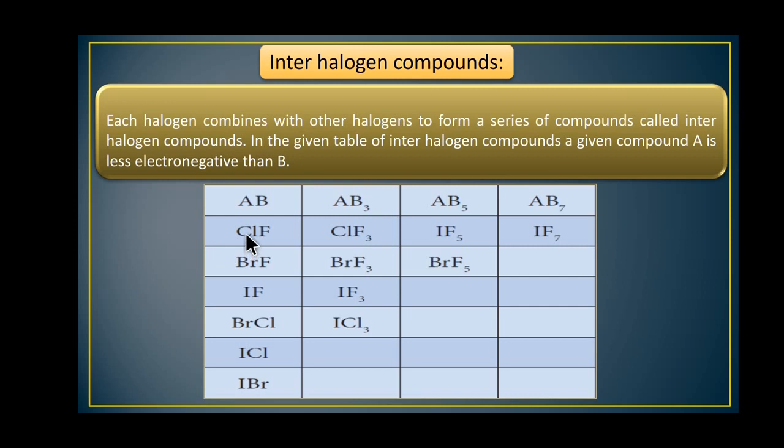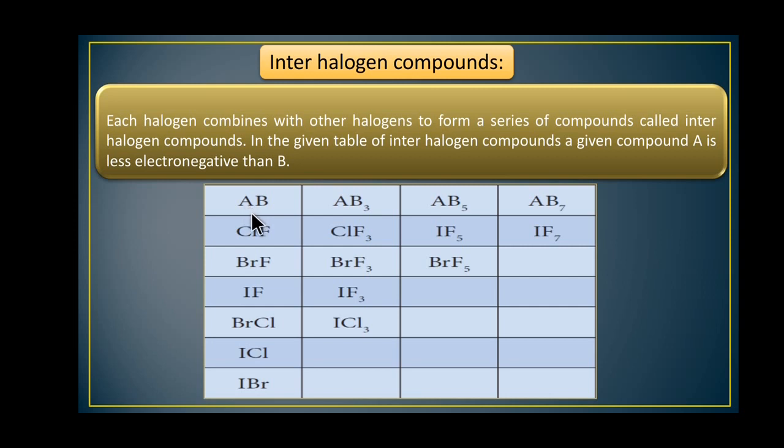Comparing fluorine and chlorine, fluorine has high electronegativity and chlorine has less. What is the condition for interhalogen compound formation? A is less electronegative and B is more electronegative.